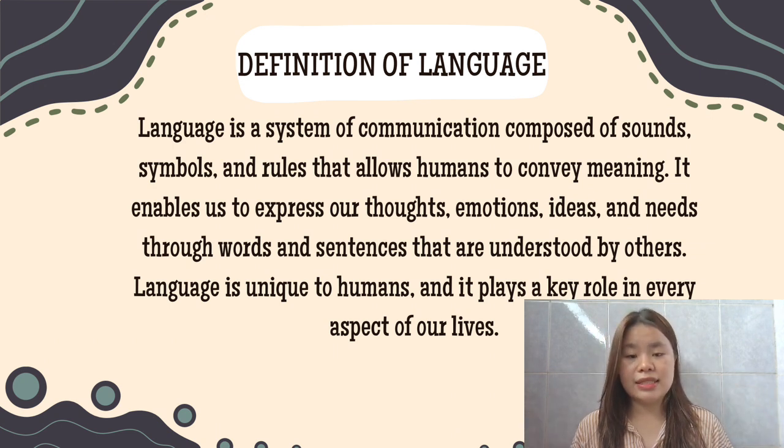It enables us to express our thoughts, emotions, ideas, and needs through words and sentences that are understood by others. Language is unique to humans, and it plays a key role in every aspect of our life.